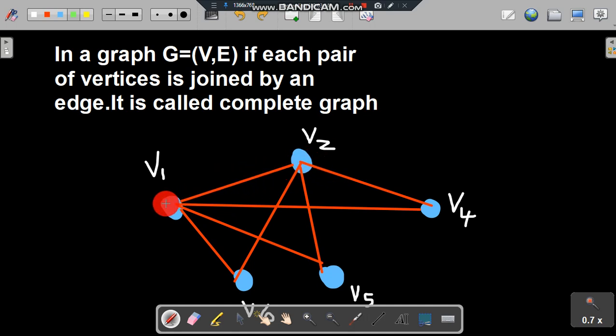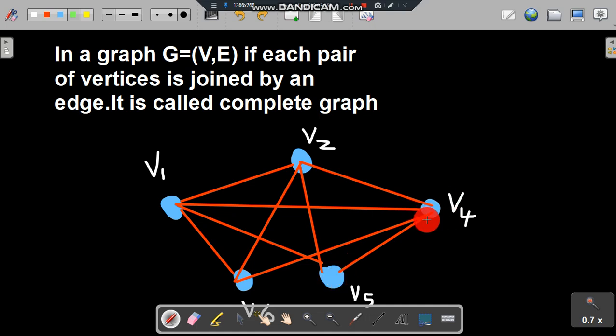V2 is connected to V1, V5 and V4. Now coming to V4, I am connecting V4 to V6 and V4 to V5. So there exist edges between V4 and V2, V4 and V1, V4 and V6, and V4 and V5.